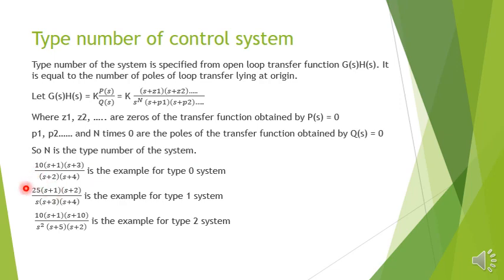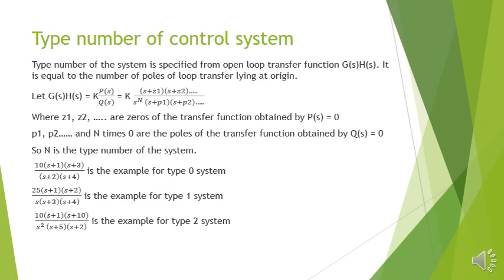In 25 into (s plus 1) into (s plus 2) divided by s into (s plus 3) into (s plus 4), only one pole is at the origin, so it is a type 1 system. Whereas in this one, 10 into (s plus 1) into (s plus 10), whatever these poles, we are interested in calculating the number of poles at the origin. In this case it is 2, so it is a type 2 system.